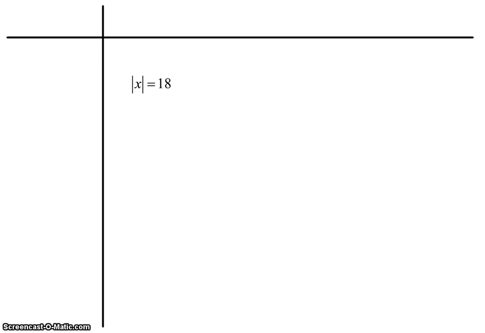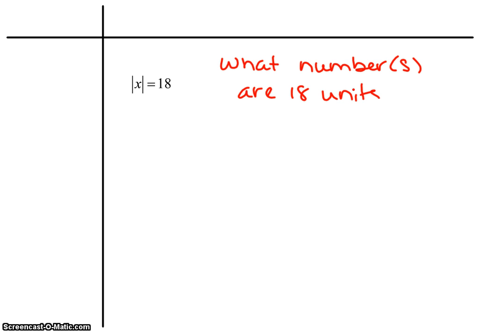Now when we start solving equations that involve absolute value, I want to know in this case the absolute value of what number or numbers is equal to 18. What I'm asking is what number or numbers are 18 units from 0.